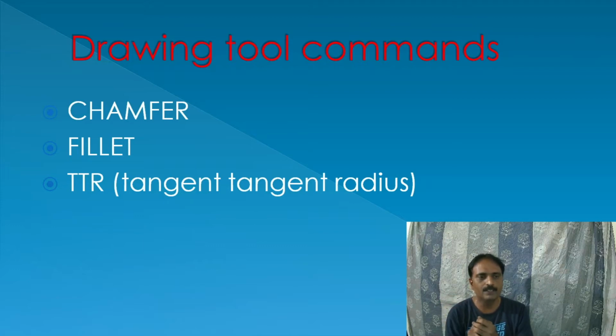Fillet means the corners of the rectangle are going to be filled with a predefined radius. So these two things I am going to explain you here. And TTR, this particular command relates to drawing a circle with two tangential points and one radius. So let me go through this.